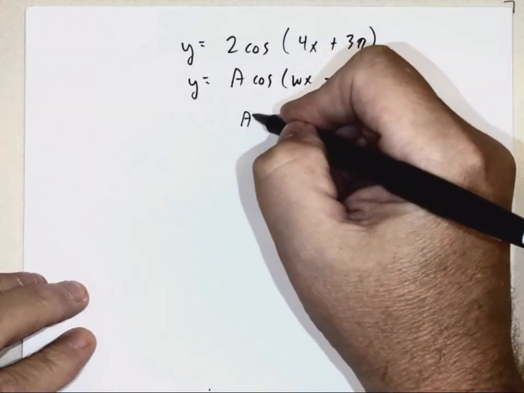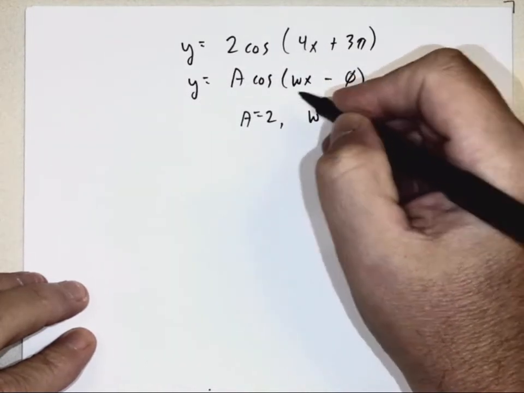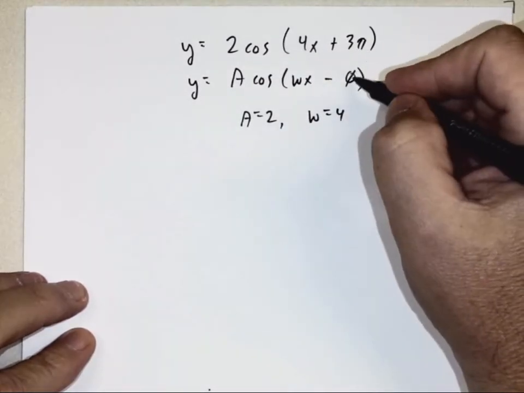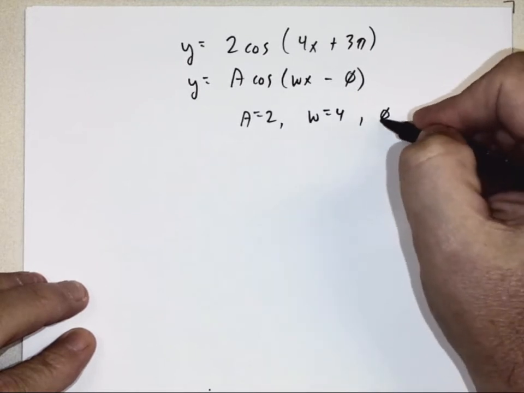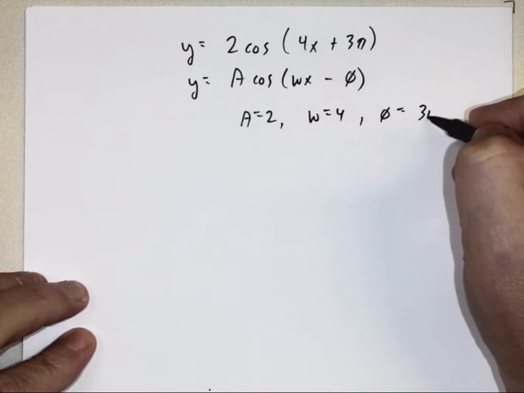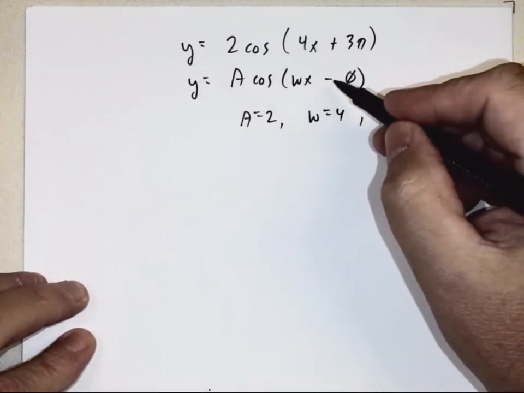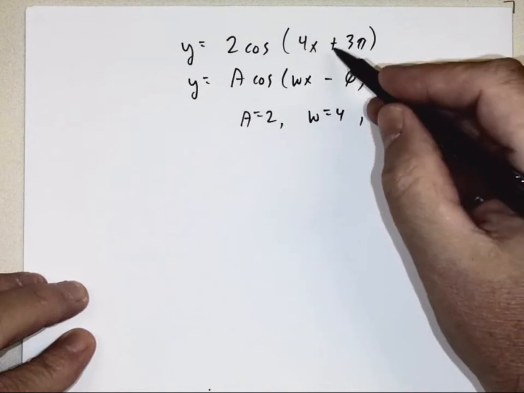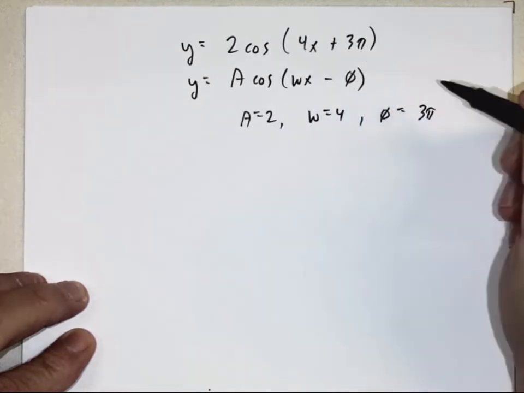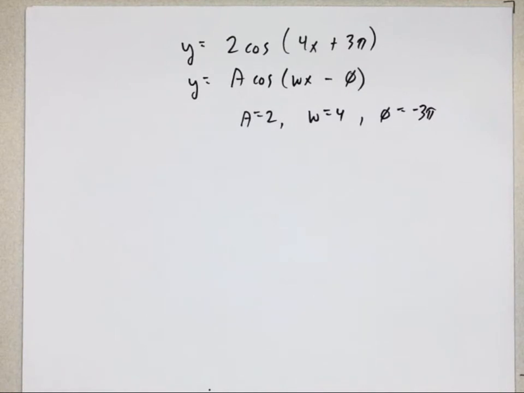So therefore I know A is going to be 2. Omega is 4. Here's where it's tricky. What should psi be? Some of you might think 3 pi, but really, because this has to be minus psi, and this is plus, it turns out psi is minus 3 pi.